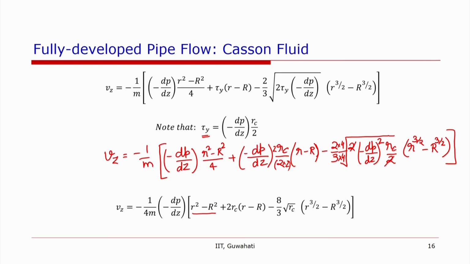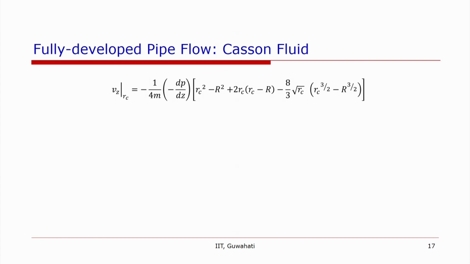What we are left with inside the bracket is root RC r to the power 3 by 2 minus capital R to the power 3 by 2. So that is the velocity profile in terms of the m constant, dp by dz, and RC and r.